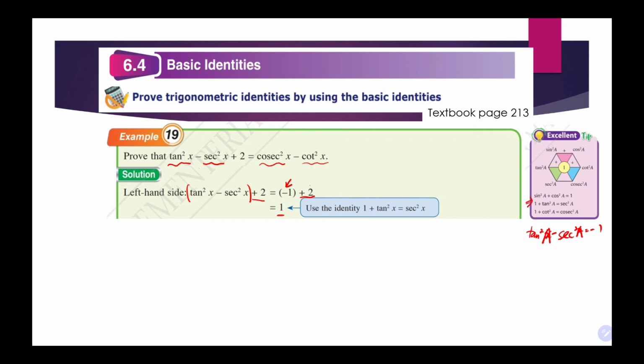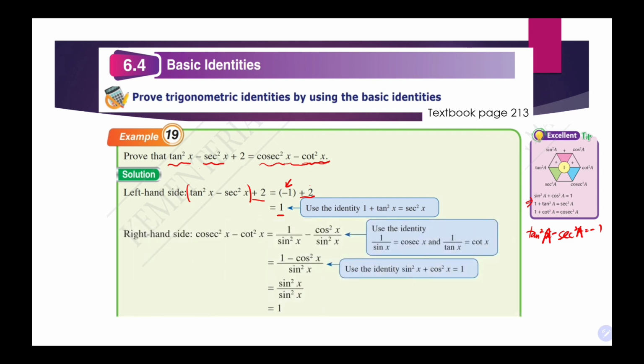And from this one, it is hard to think of how I can get cosecant square x minus cotangent square x. Therefore, we start from the right. Check on the cosecant square x. From here, 1 plus cotangent square x equals to cosecant square x.